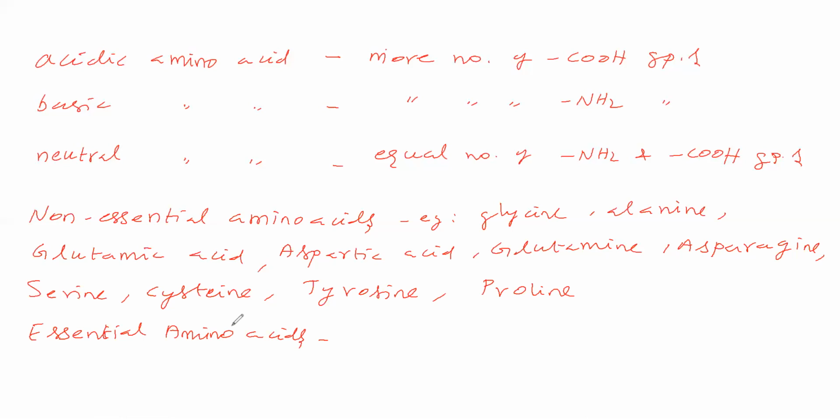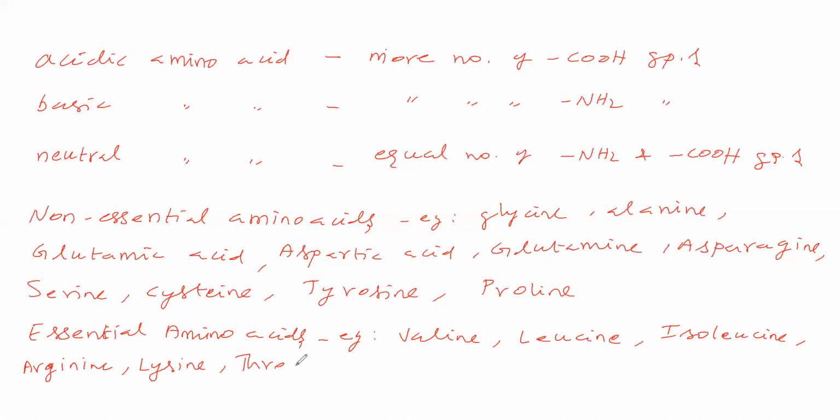Examples of essential amino acids are valine, leucine, isoleucine, arginine, lysine, threonine, methionine, phenylalanine, tryptophan, histidine.